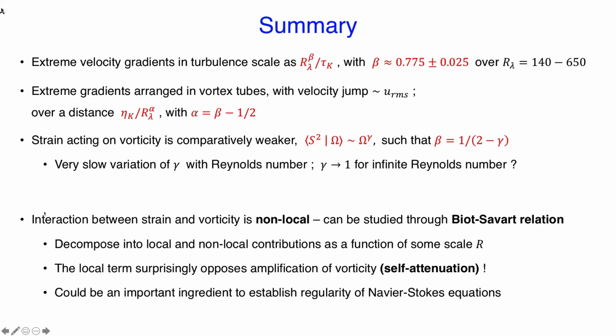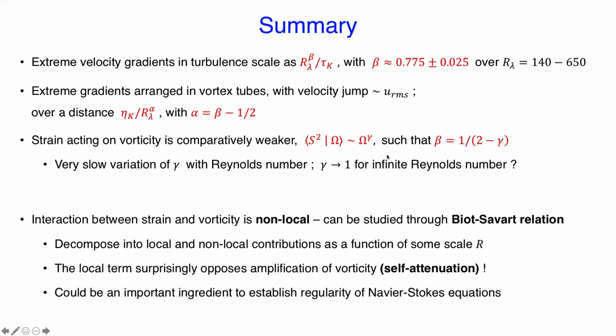And finally, we explored the non-local interaction between strain and vorticity by invoking the Biot-Savart relation. The surprising result here was that when looking at the local component of the vortex stretching, we found that it actually opposes the amplification of vorticity instead of aiding it, which could be an important ingredient to establish the regularity of the equations.